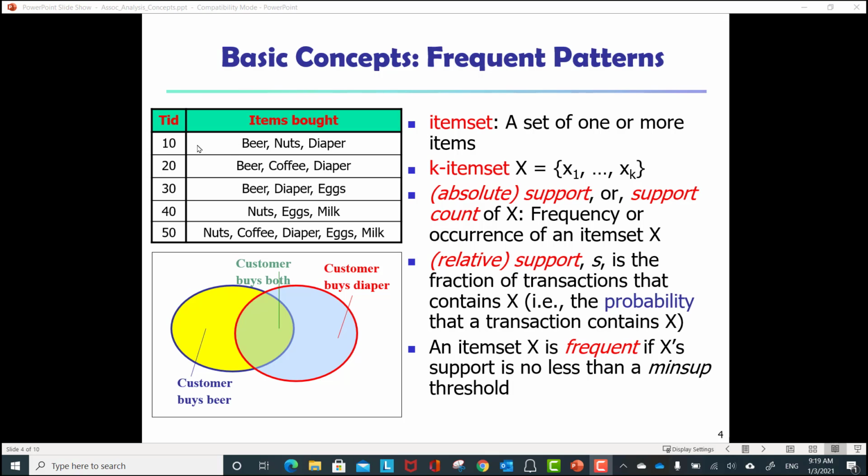On each receipt, you have certain items you or some other people purchased. Like transaction ID 10, this person bought beer, nuts, and diaper. In transaction 20, this person purchased beer, coffee, diaper. Transaction 30, beer, diaper, eggs, and so on.